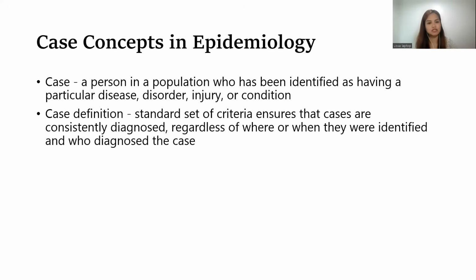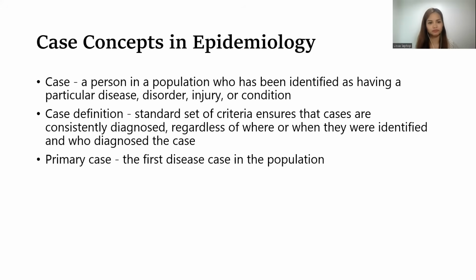So we need to have consistency. That's why, for example, during the COVID pandemic, there were always definitions of COVID, which could be defined as a probable case, which would be a suspected case, which would be a confirmed case. So all of those would have their own definitions.